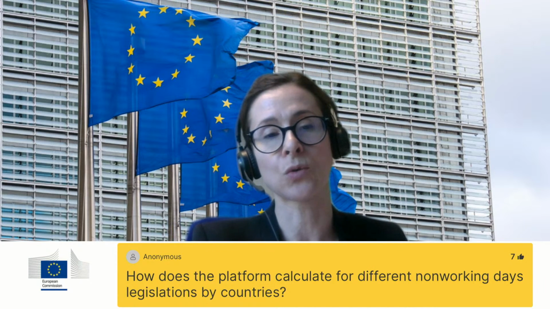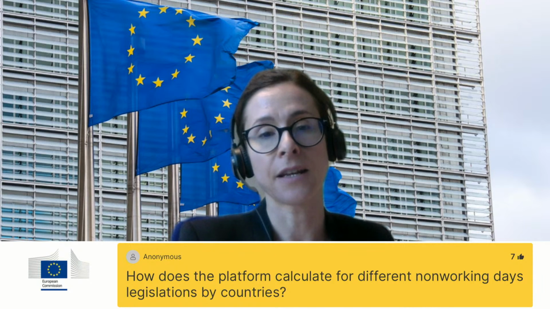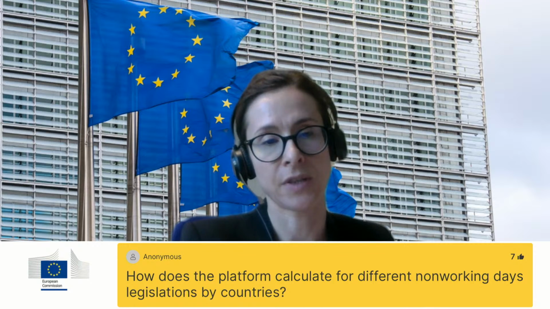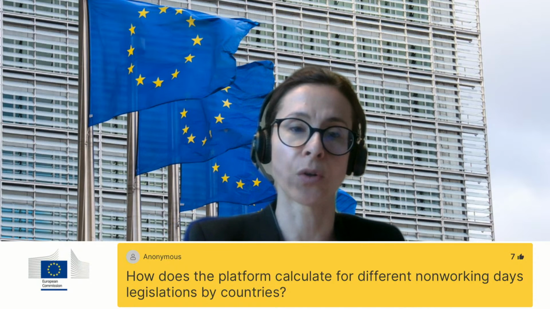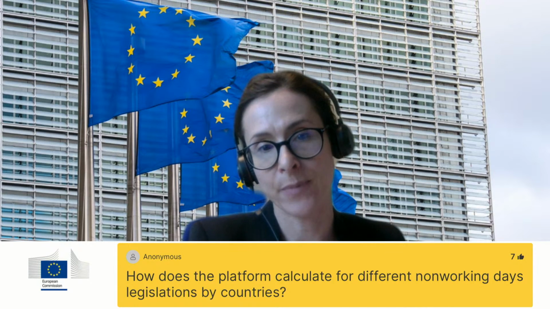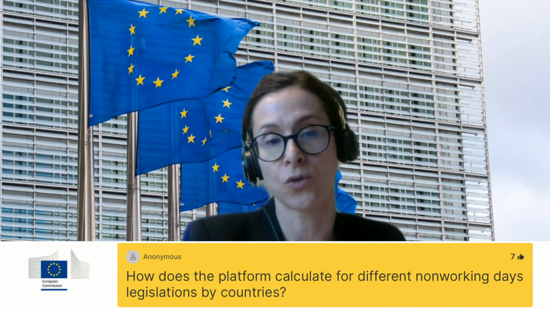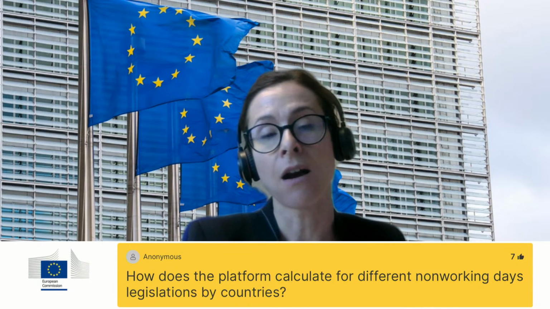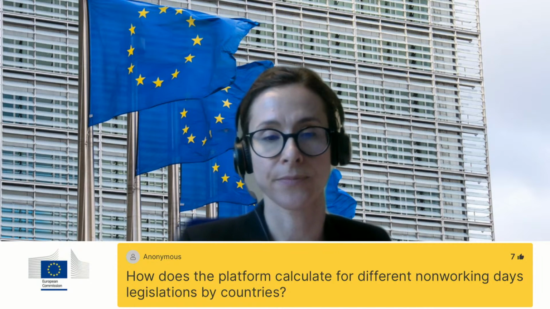If you chose the second option for individual annual productive hours, then in the formula, when you are deducting the leave, that's part of the calculation per person of taking out these non-working days. And if you adopted the third option, which is the standard annual productive hours, then it depends on your usual practices and how the non-working days, according to your legislation and your usual practices, are taken into consideration in your standard annual productive hours.